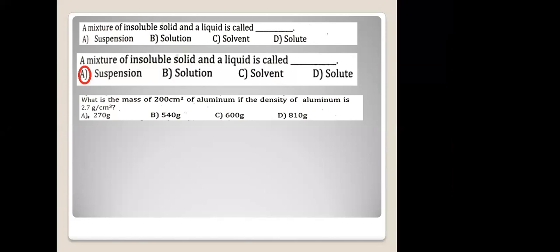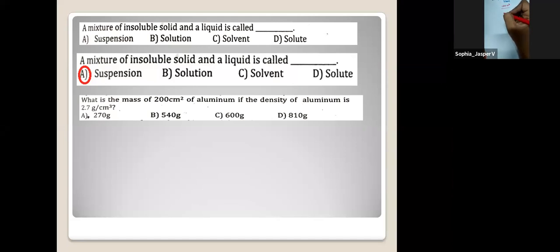What is the mass of 200 centimeter cube? Density is mass by volume. Mass is not known. Volume is given already.